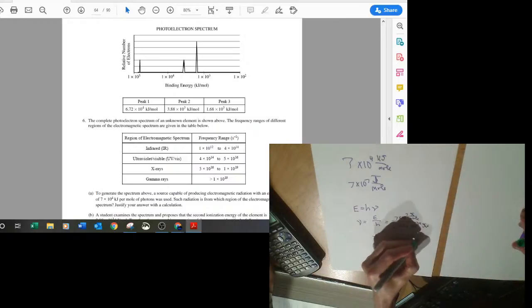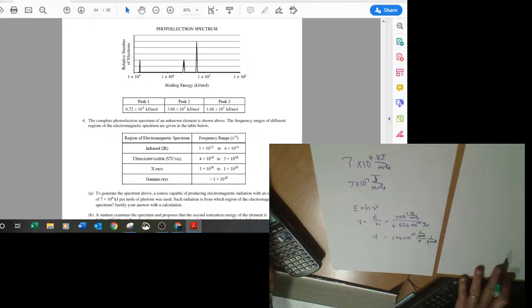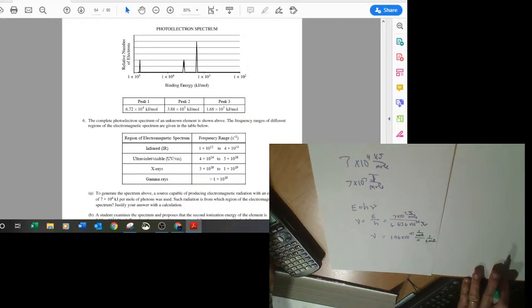What we've got now is moles on top and seconds on the bottom, or our unit is now 1 over second-mole, which is not okay because we're talking about an individual particle.